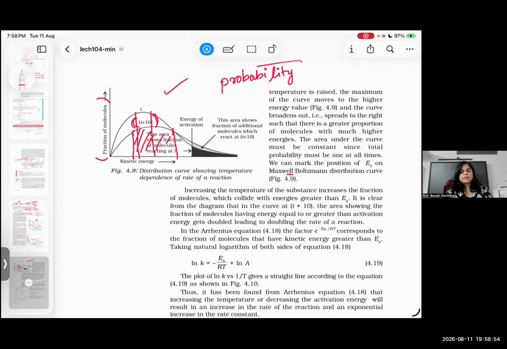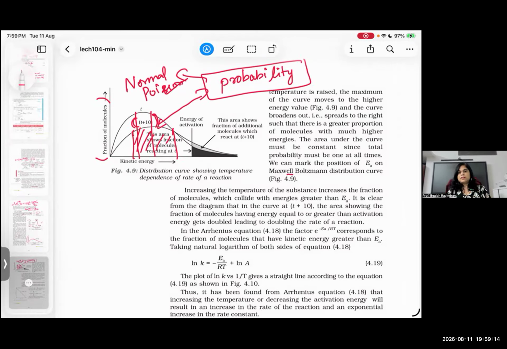So this distribution is a normal distribution, we can say. There are a lot of distributions you will be learning from probability. It's purely mathematical: normal, Poisson, standard deviation.